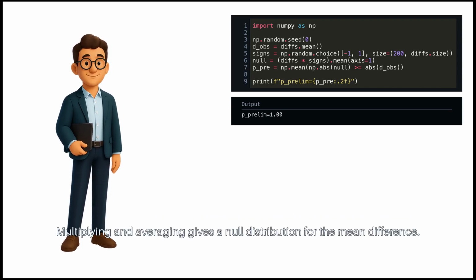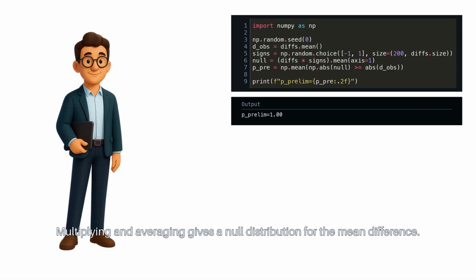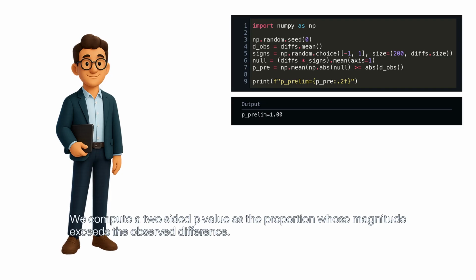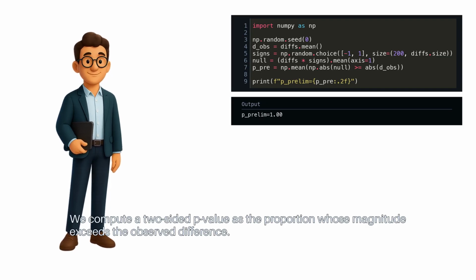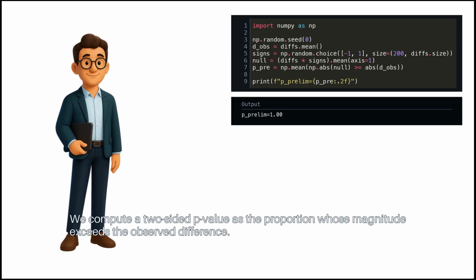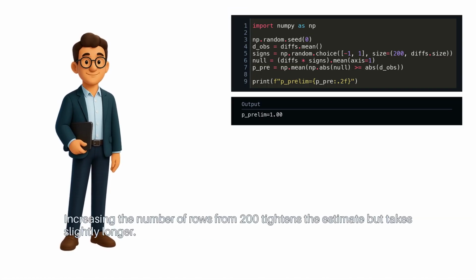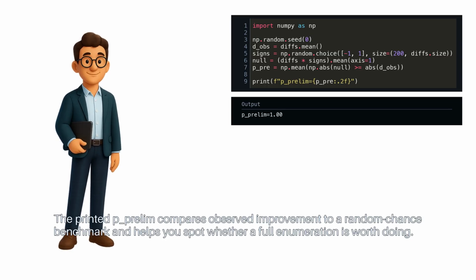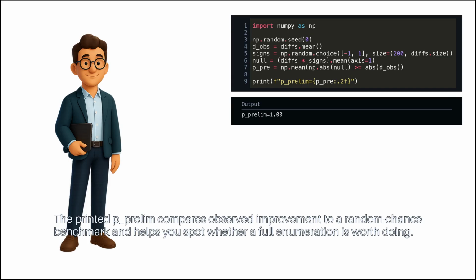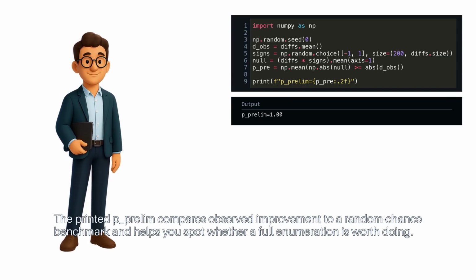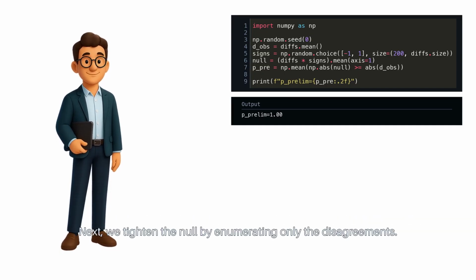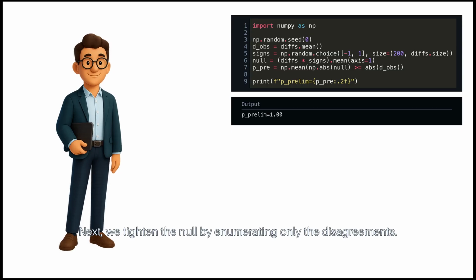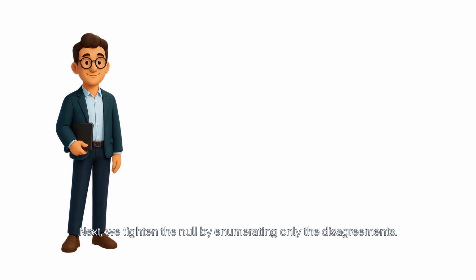Multiplying and averaging gives a null distribution for the mean difference. We compute a two-sided p-value as the proportion whose magnitude exceeds the observed difference. Increasing the number of rows from 200 tightens the estimate, but takes slightly longer. The printed p-prelim compares observed improvement to a random chance benchmark and helps you spot whether a full enumeration is worth doing.